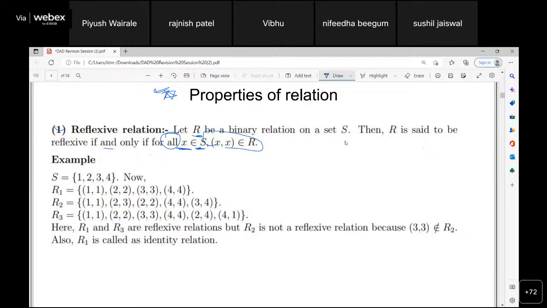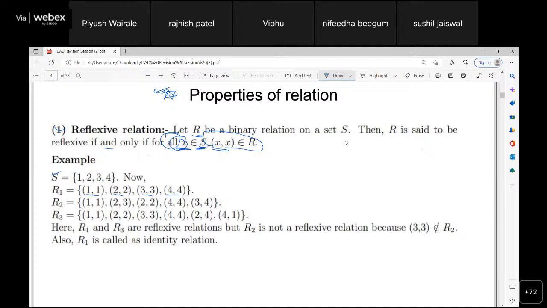Say, for example, we have a set with the elements 1, 2, 3, 4. What will the reflexive relation of this set be? You can see 1 comma 1, 2 comma 2, 3 comma 3, 4 comma 4, for all x belonging to S. All the elements should be there in the combination x comma x; then it is a reflexive relation.